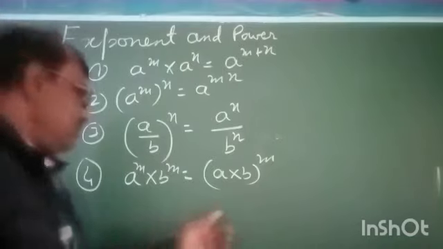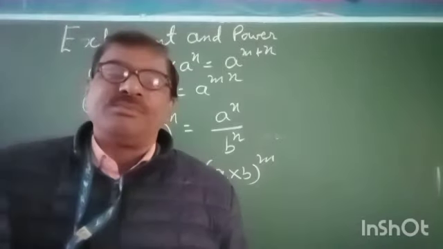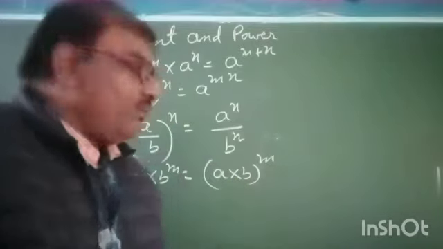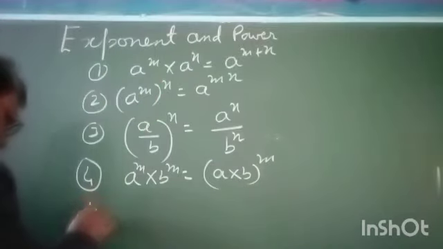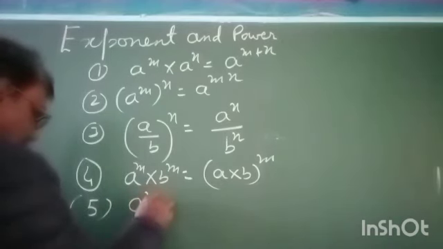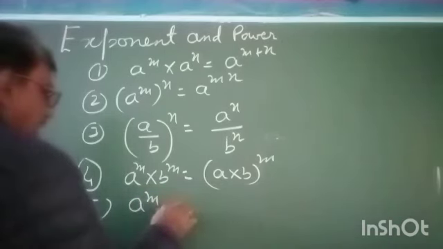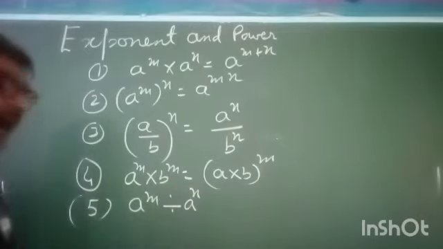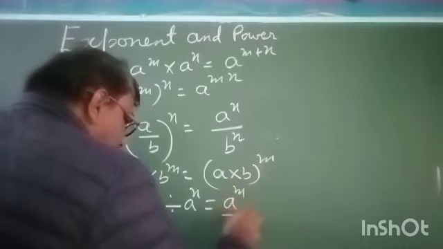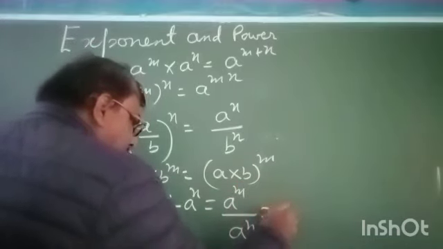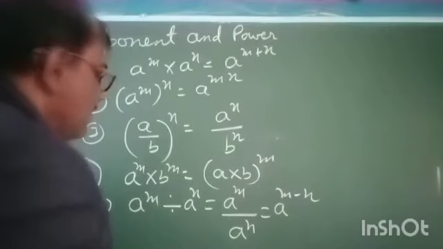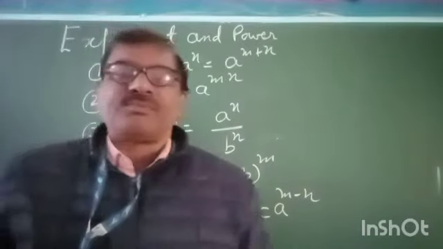This is the fourth law of exponent. I hope this is clear to you. Now the fifth law is a to the power m divided by a to the power n, or we can write a to the power m upon a to the power n, equals a to the power m minus n. This is the fifth law.